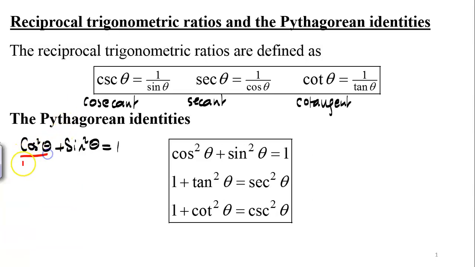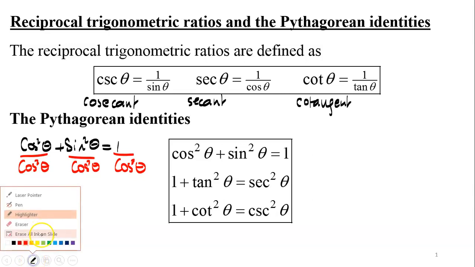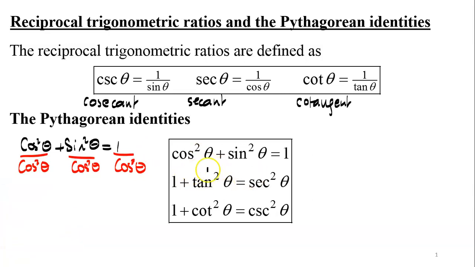So dividing all terms by cosine squared would leave me with the second identity that you see here. Cosine squared over cosine squared is 1. Sine squared over cosine squared, that's tan squared, that's in fact sine over cosine all squared. And 1 over cosine squared is in fact secant squared theta.